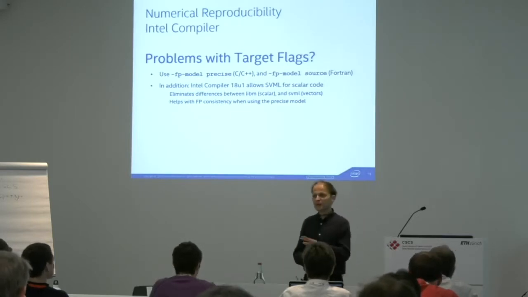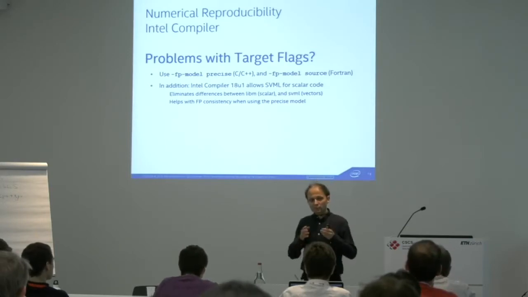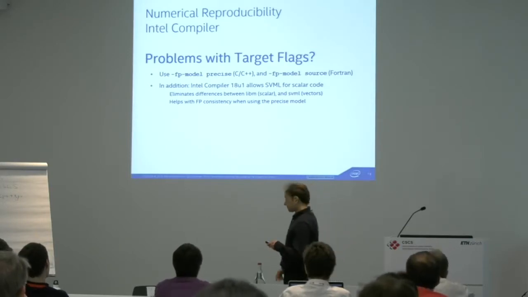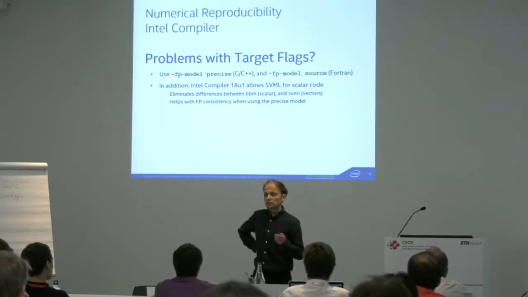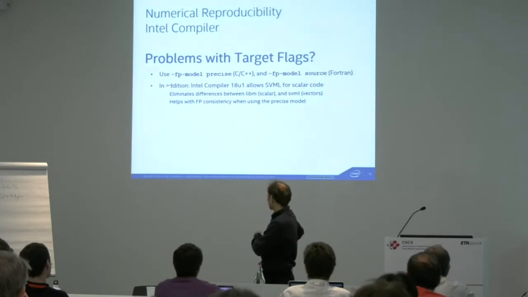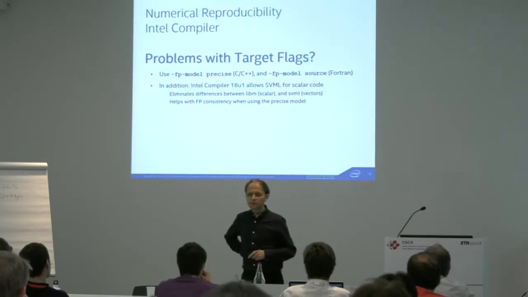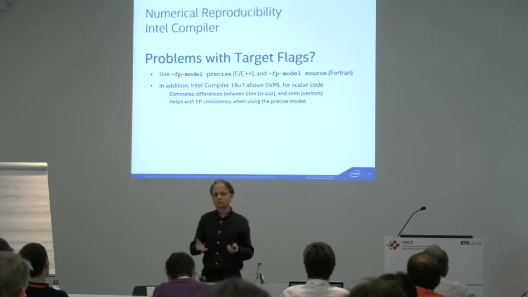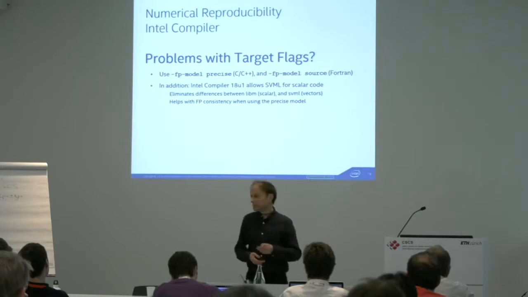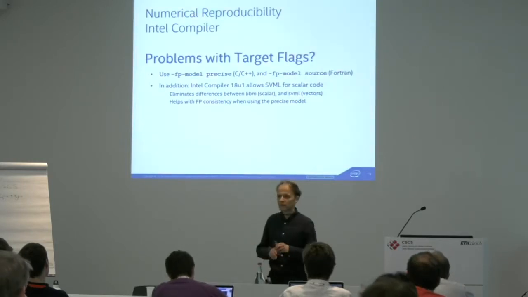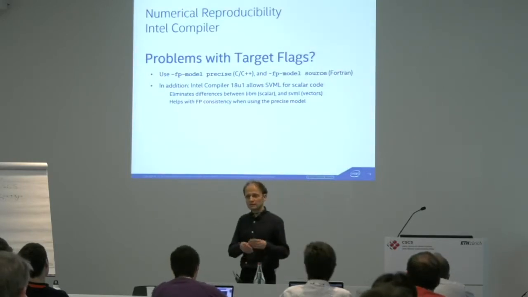As a practical example, I've vectorized the CP2K application in the past always without FP model specification. And I got hundreds out of thousands of regression tests, hundreds of misses or failures. With FP model precise, I'm just at the same level as the scalar code.